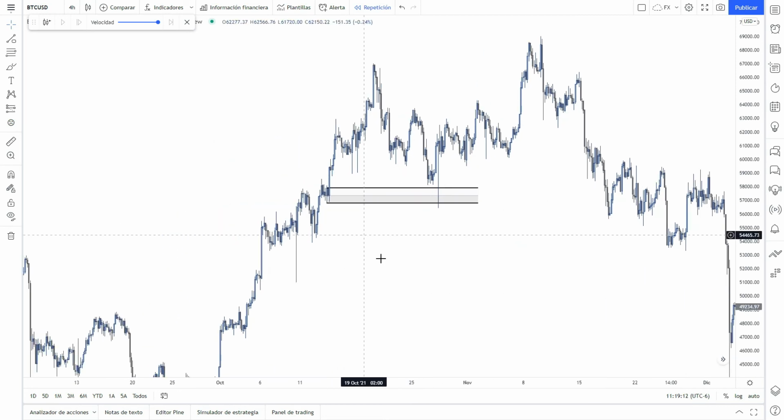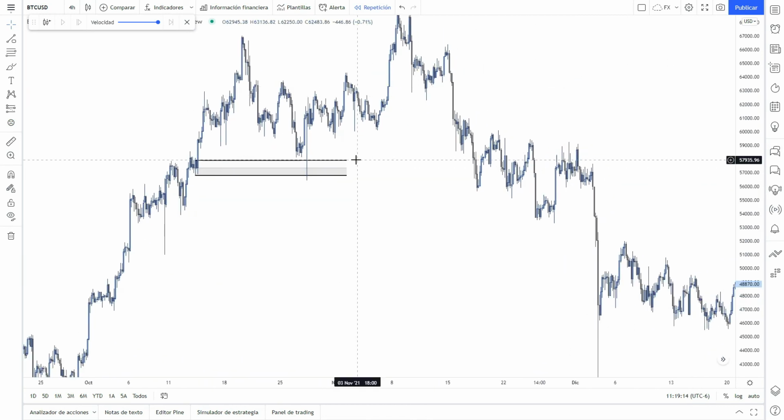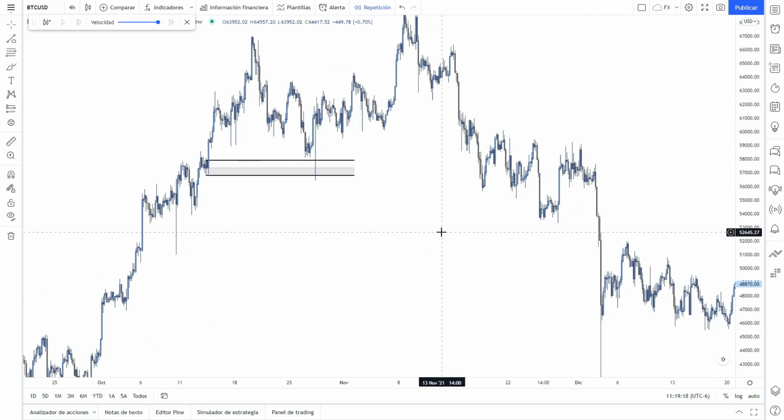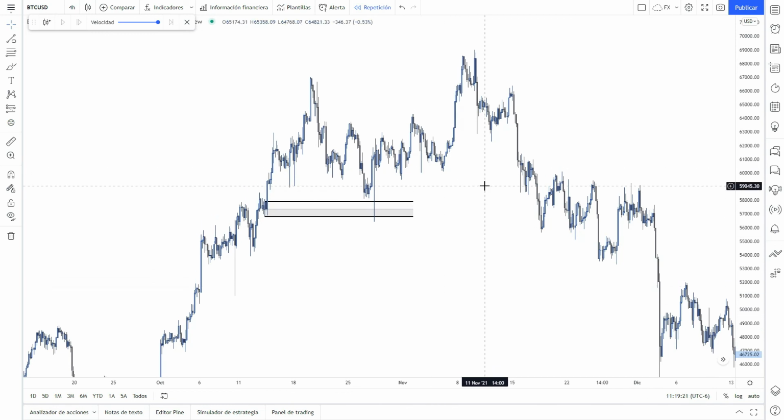Because when I identify my trend, then I mark my demand zones, then I see what the liquidity view is, and then once price hits my zones, I look for confirmation so I can increase my return.